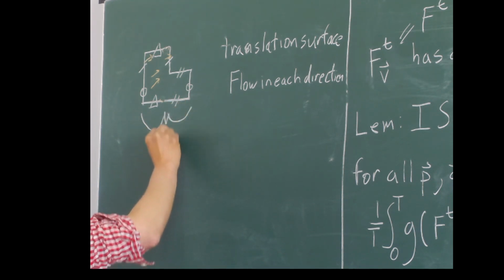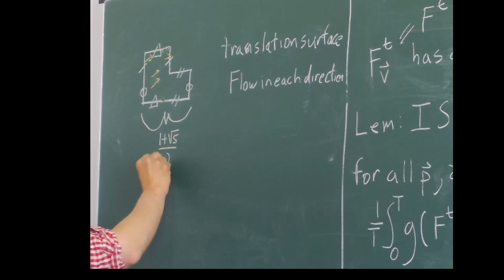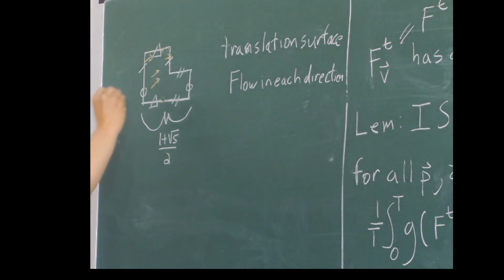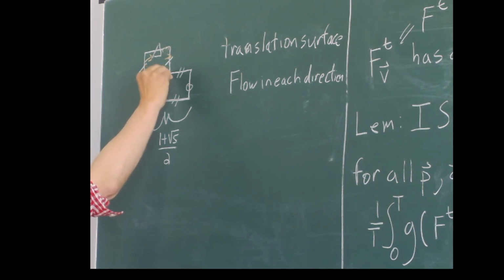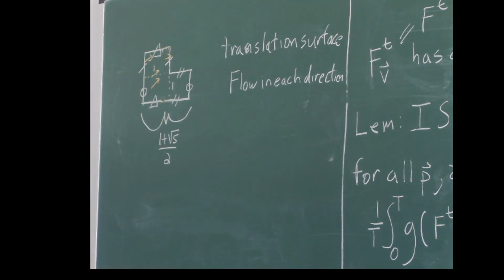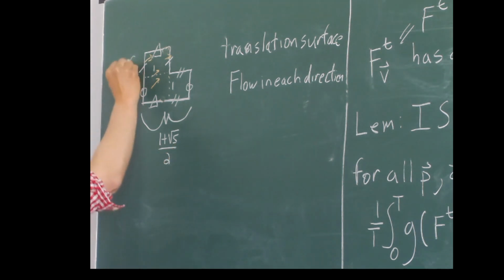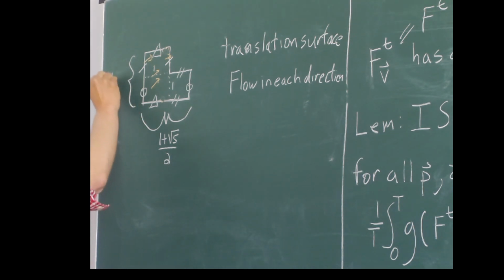So now I want to consider a very special translation surface, where this parameter here is the golden ratio, (1 plus the square root of 5) over 2. This inside box is a 1 by 1 box. That means this side is also (1 plus the square root of 5) over 2.